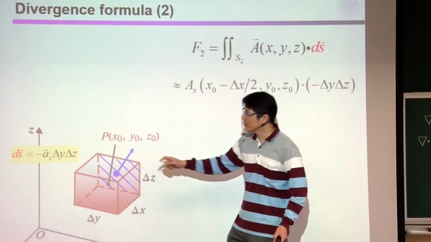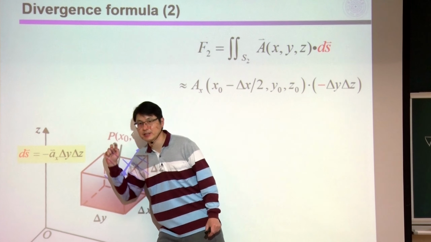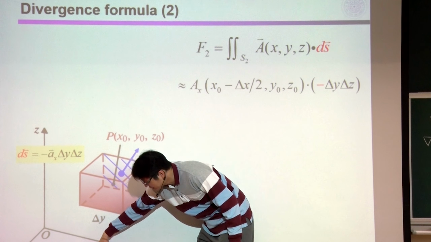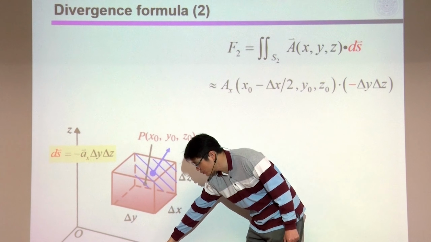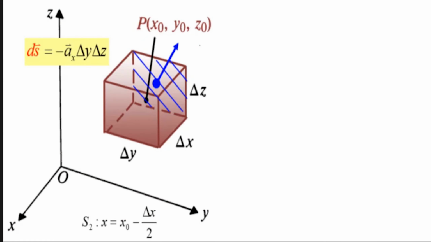Now this ds, differential surface, has a negative sign, and its position is now offset in a negative direction as well. So it is situated at x0 minus delta x divided by 2.